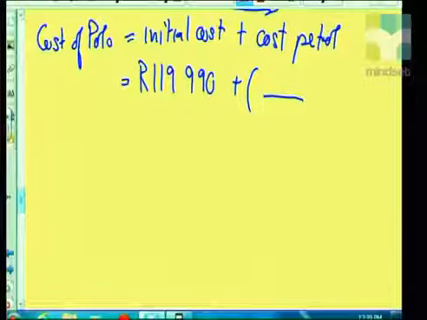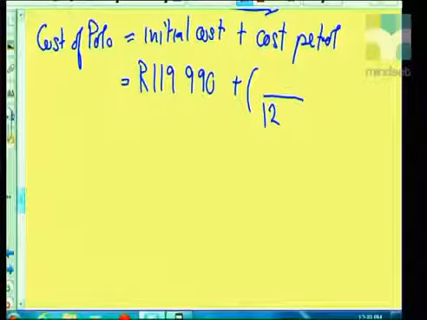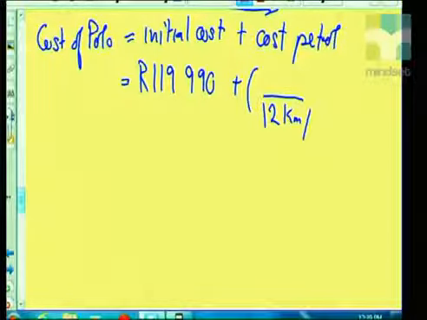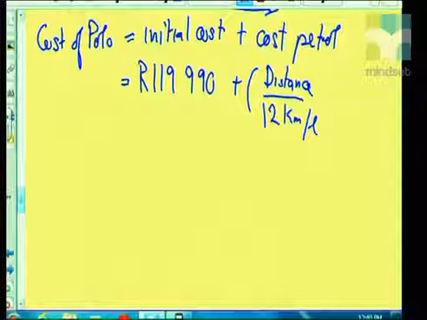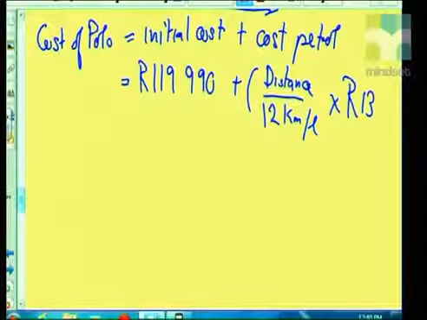So what I'm going to say here is I'm going to put the 12 kilometers per litre, and if I divide that by a distance, a certain distance, which I don't know how far that is, then the kilometers will cancel with kilometers, and litres will then go to the top line, and litres times the cost in litres is the price, which is 13 rand per litre.